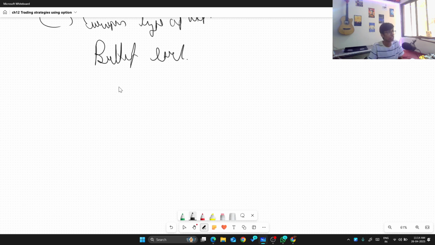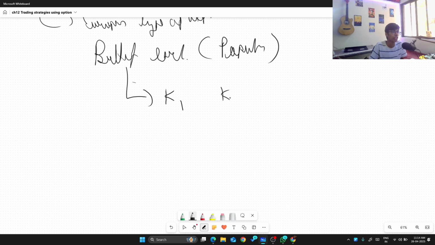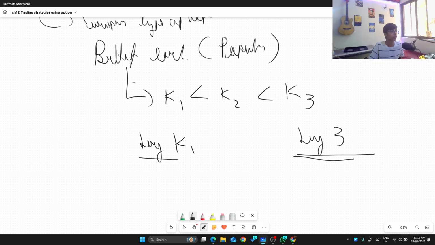and here we have 3 strike prices, and it is very popular. Here we have K1, K2 and K3, which is like this. K3 is bigger, and here we buy a long call at K1 and a long call at K3.